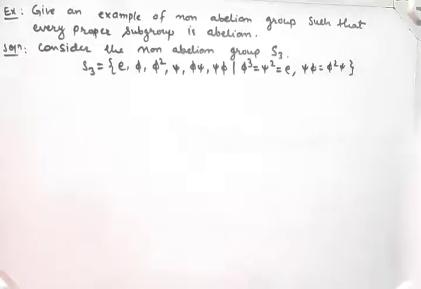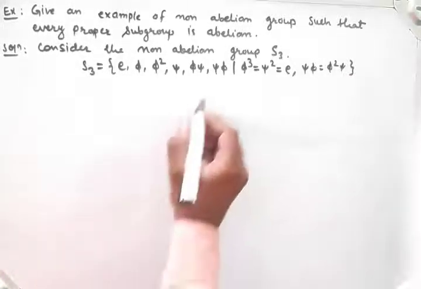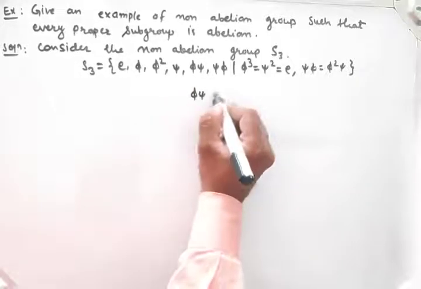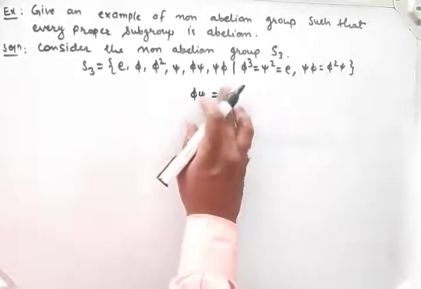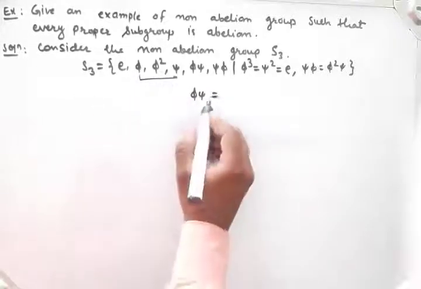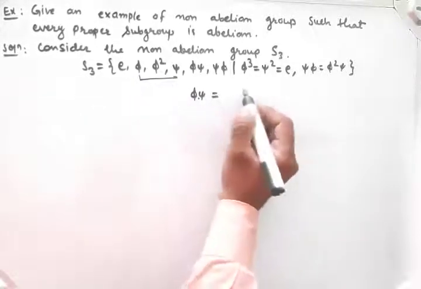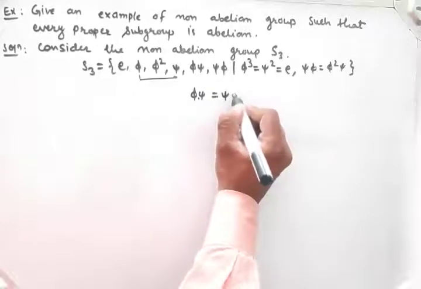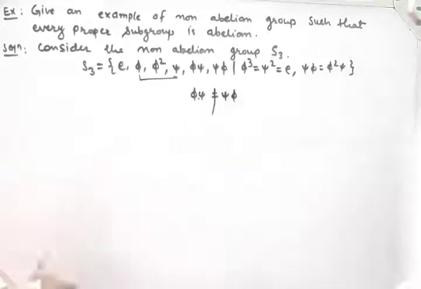This is the property, and it is non-abelian, because phi into psi and psi into phi are not the same. Therefore S3 is a non-abelian group.